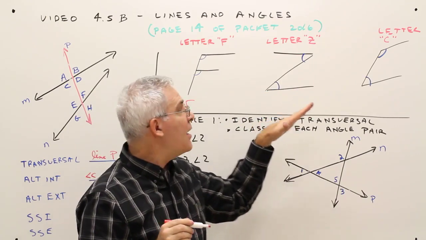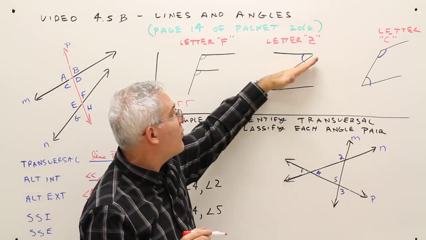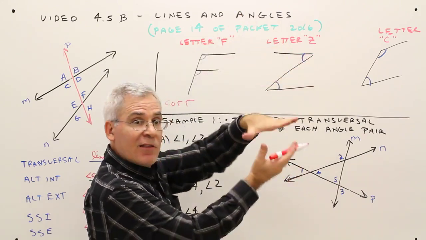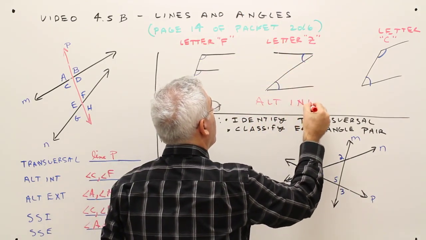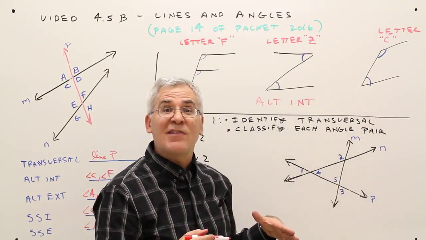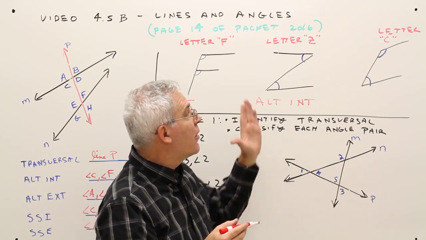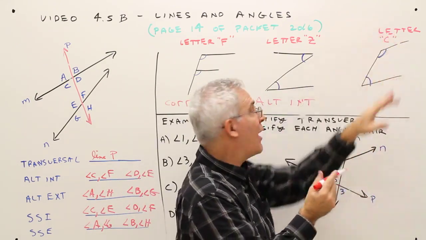The letter Z, these will be alternate interior angles. Here's the transversal, alternate sides, and on the interior. Over here, like the letter C, these will be same side interior. Notice we're both on the right side and we're on the interior of those two lines.